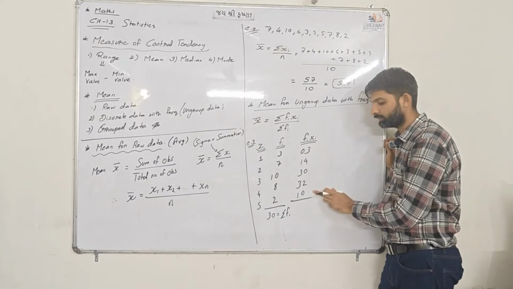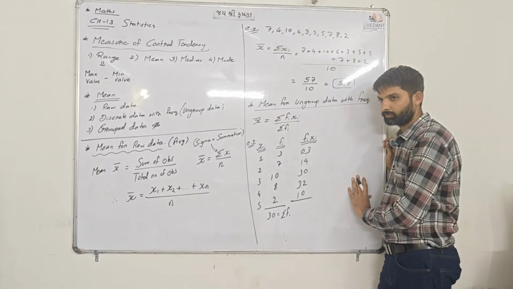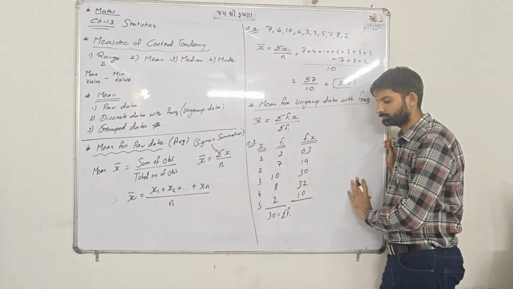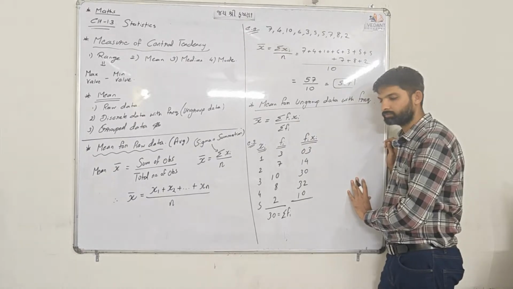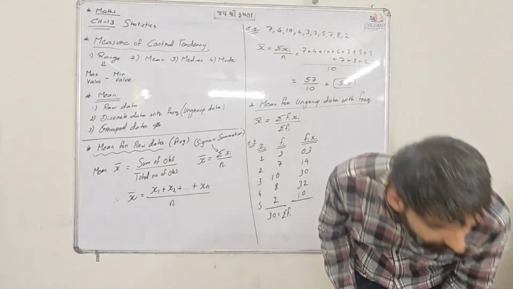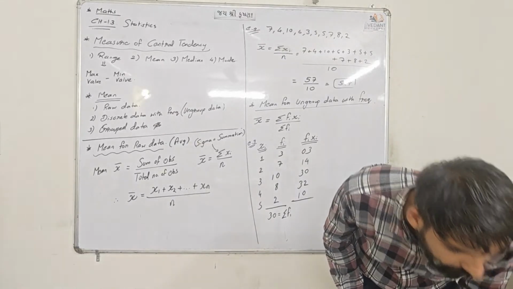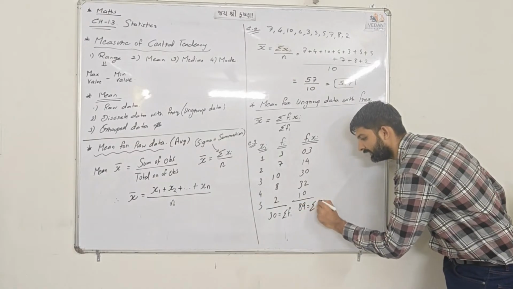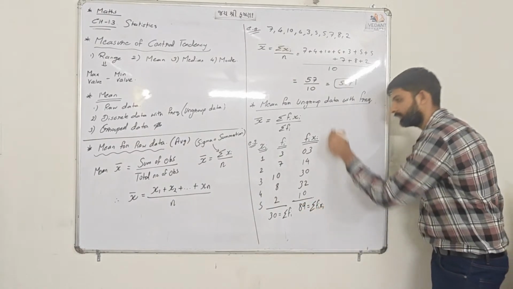What is the addition of this? Okay, let's see what they are saying. 89. Okay. So 89 is sigma fi xi.